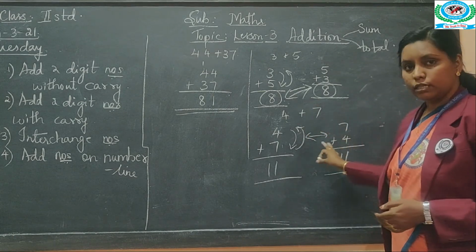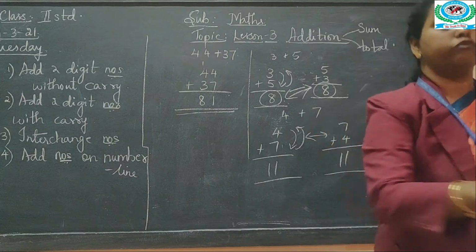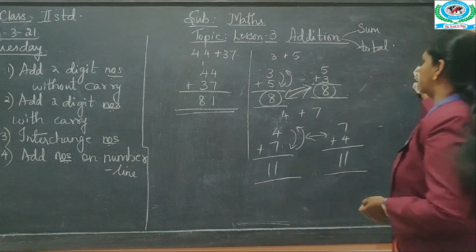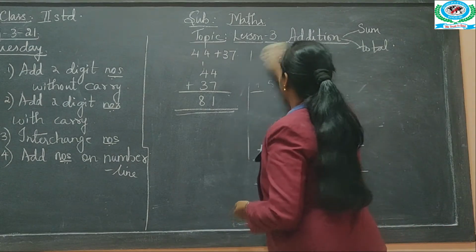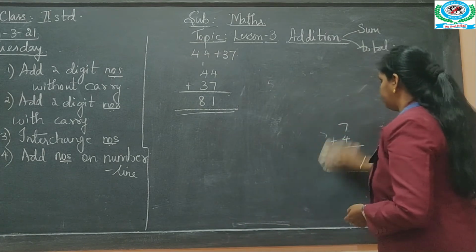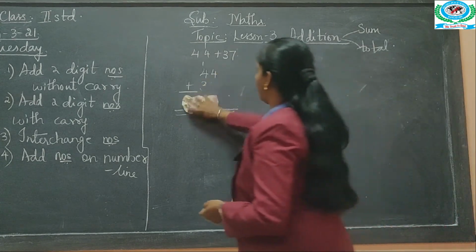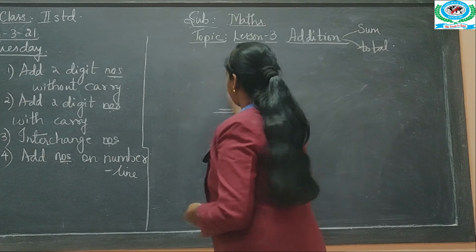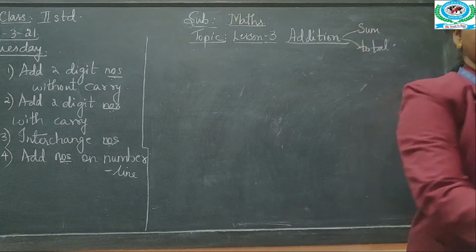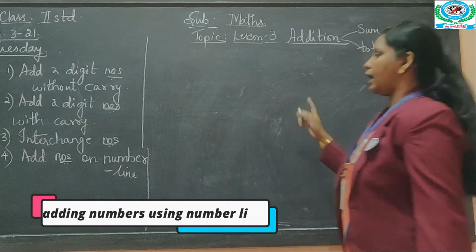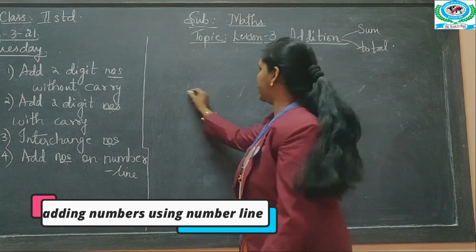So this was your third subunit, and coming to the fourth and last subunit of this lesson. The fourth subunit is adding numbers on the number line.